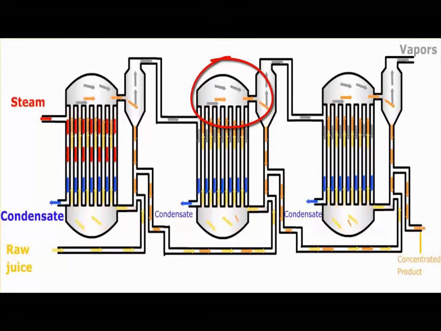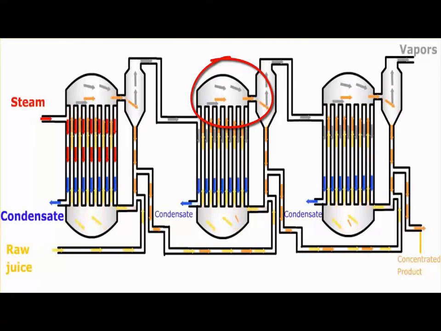Now, when we consider the multiple effect evaporator, there are several single effect evaporators connected in series. If we see the first part of the evaporator, it will have the same components as the single effect evaporator. Now these single effect evaporators are connected in series together.